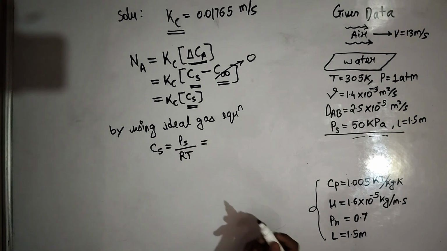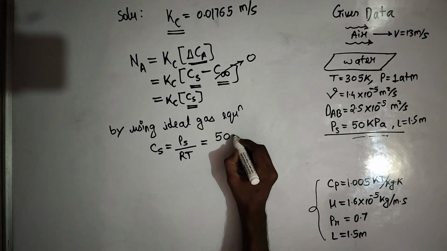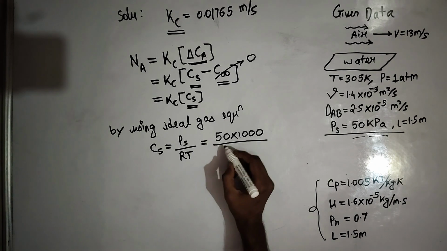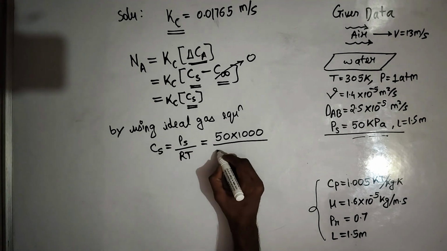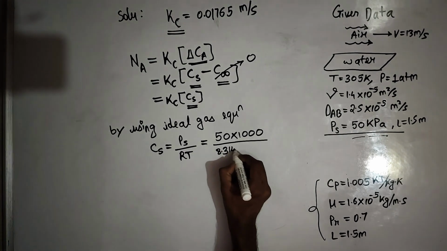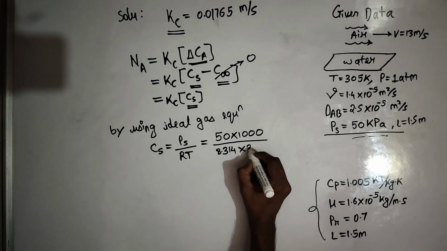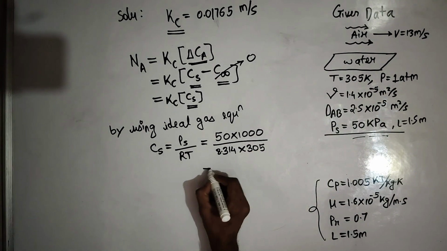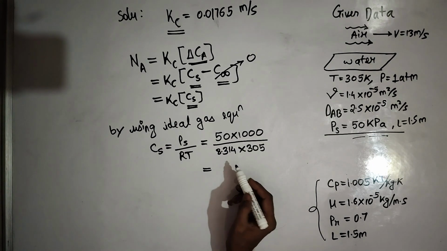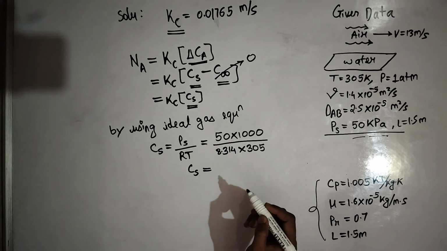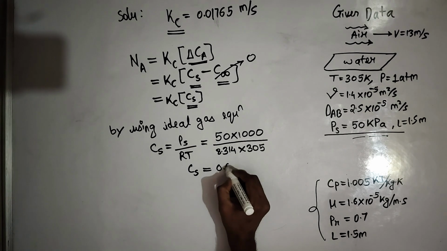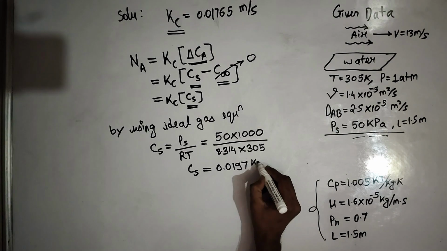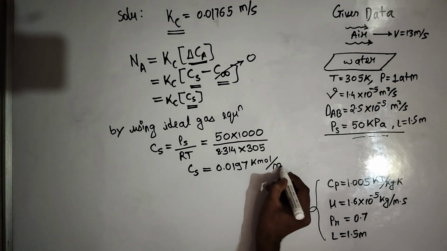Here the partial pressure of water is 50 into 1000 pascals, upon R, the constant, 8.314, into temperature, which is 305 Kelvin. So from this we have calculated the value of Cs, which comes out to be 0.0197 kilomole per meter cube.